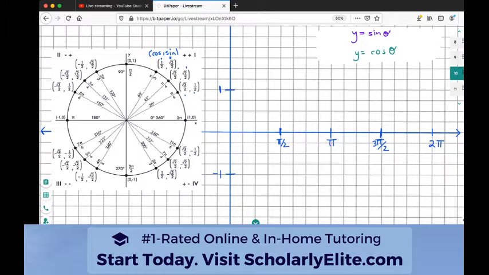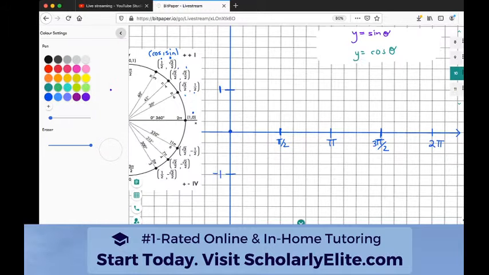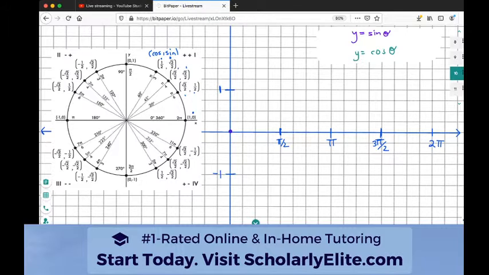It's actually going to help us figure out where we're drawing stuff on here. So we know that sine starts at 0 right here because we're on the x-axis on the unit circle. So sine in its truest form starts at 0, which I should be using a purple pen. My bad. There we go.